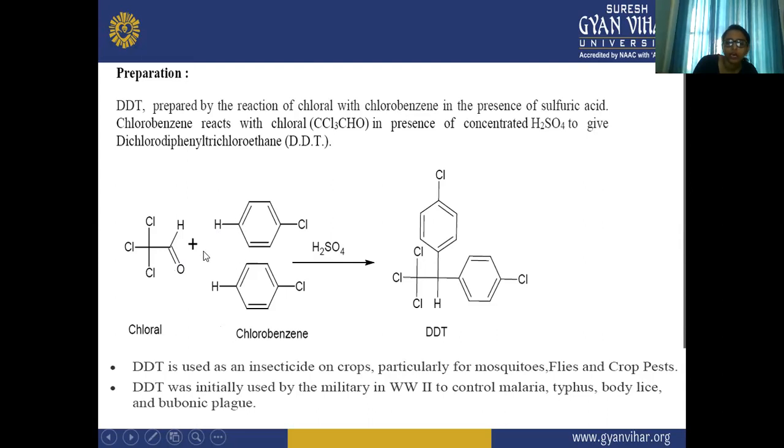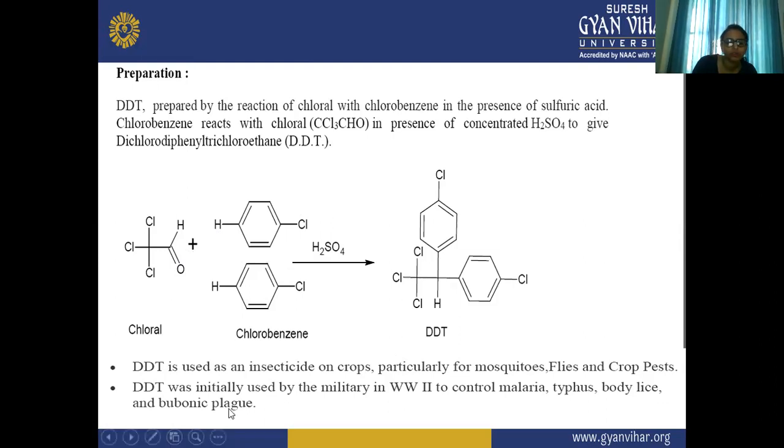Both of these are attached at the second position of this carbon atom, so there is formation of DDT. Here we can say that when chloral is reacted with chlorobenzene in the presence of concentrated H2SO4, it will give you DDT, that is your dichloro diphenyl trichloroethane.